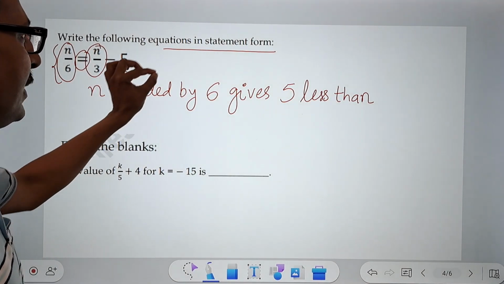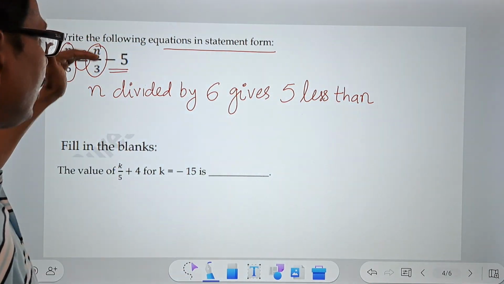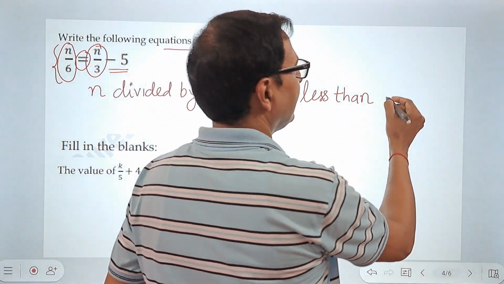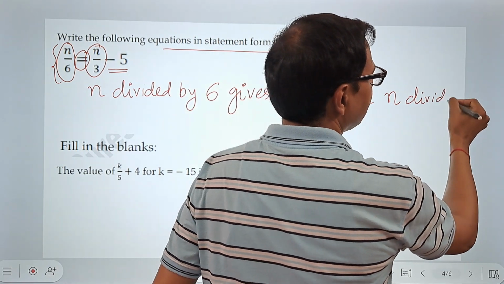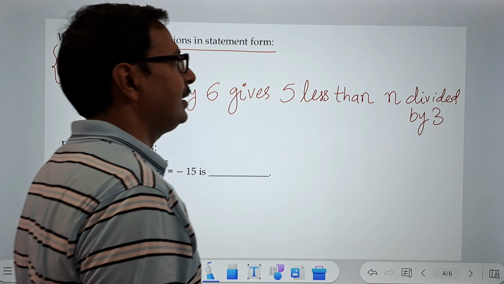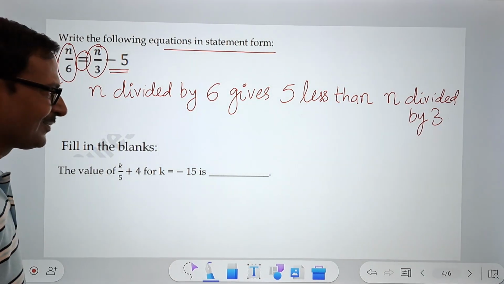So n divided by 6 gives 5 less than the quotient of n and 3. You can write it like this, or you can write 5 less than n divided by 3. Both ways it will work, and this is the exact statement of this particular equation.